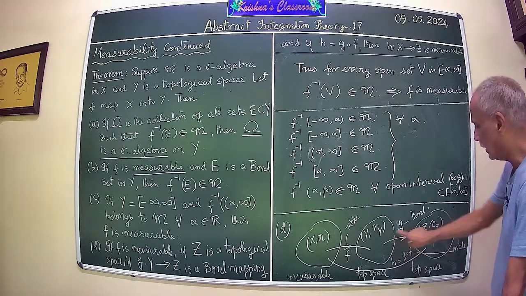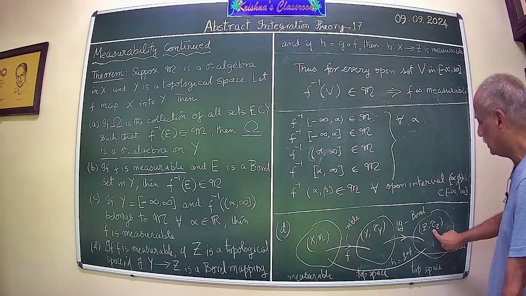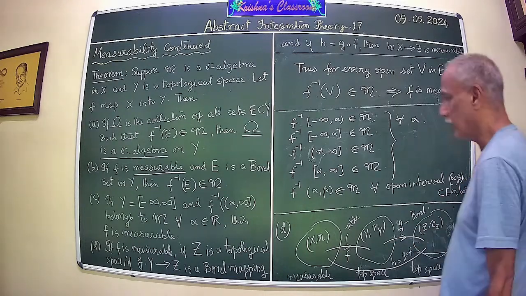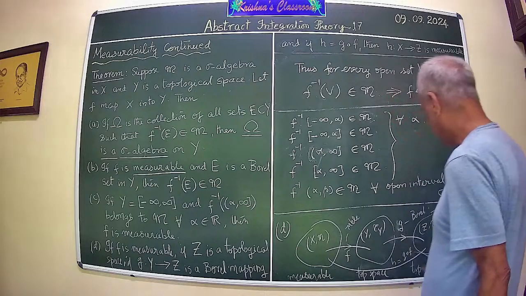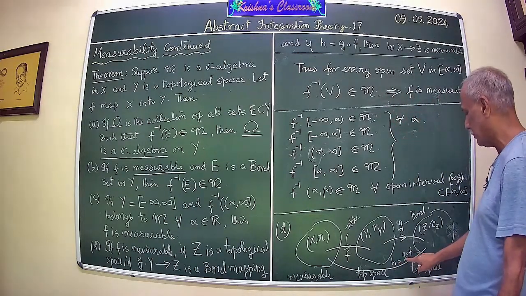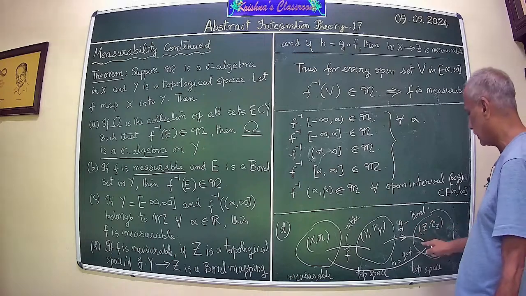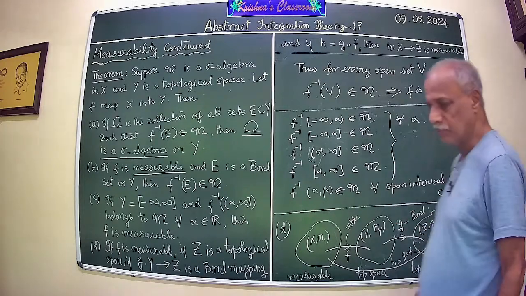G is a continuous map, then G from Y to Z is, H given by G composition F, where F is measurable, G is continuous, then this is going to be measurable.